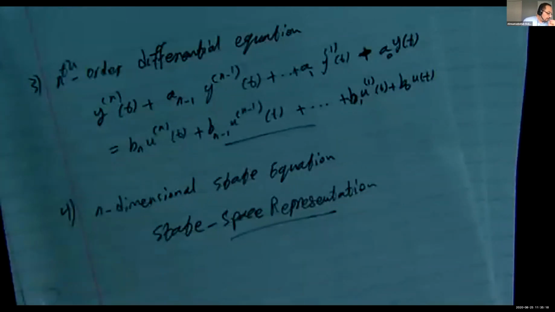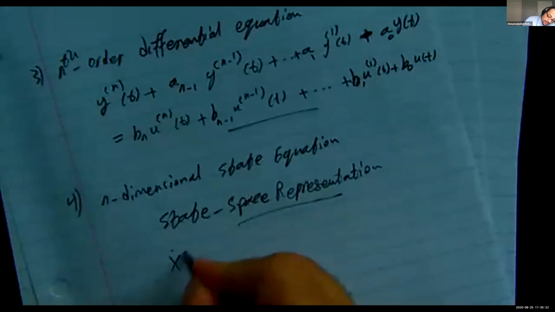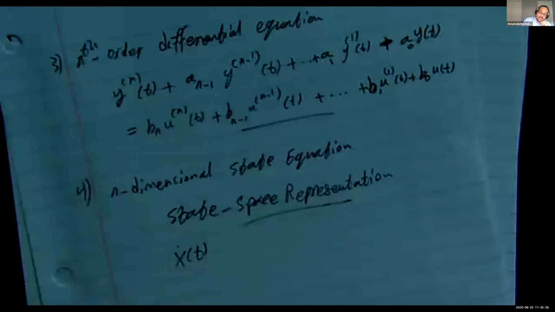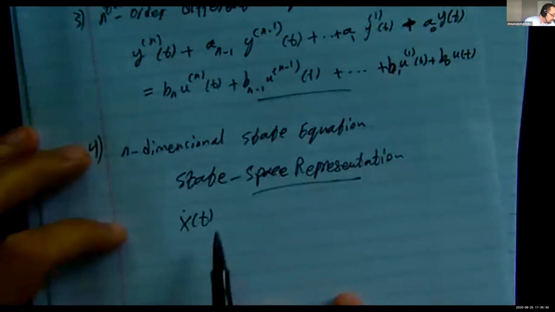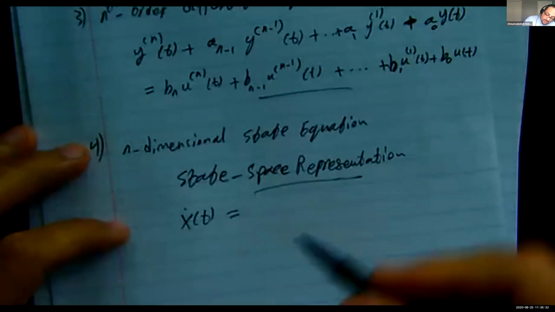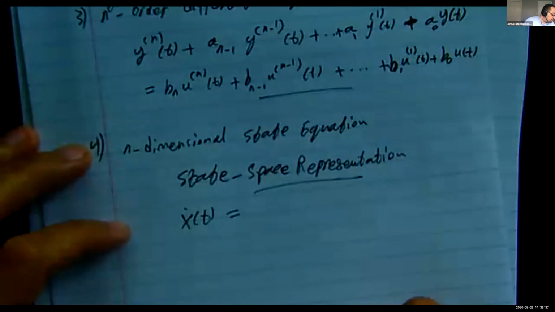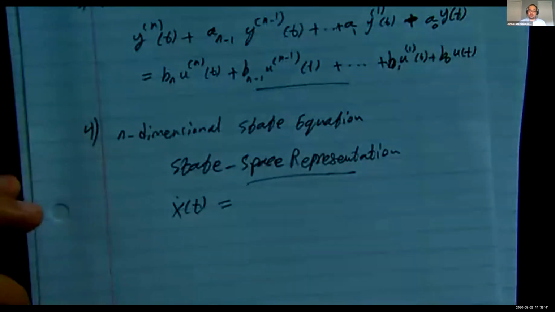So state space representation, x dot, again, it's a differential equation, right? The state space representation is nothing but a differential equation form. However, the difference between the differential equation representation and state space representation is that the differential equations are decoupled from each other.